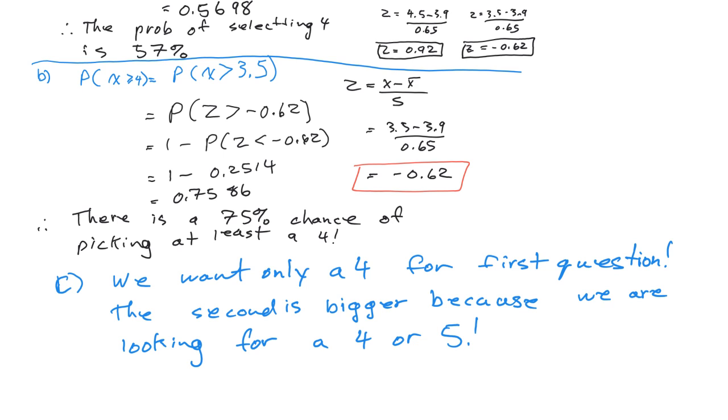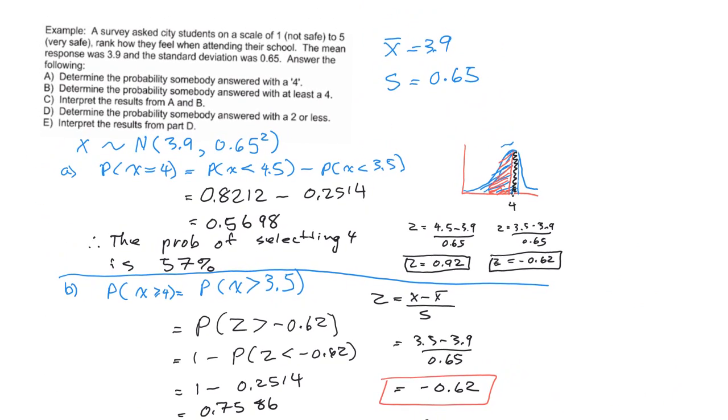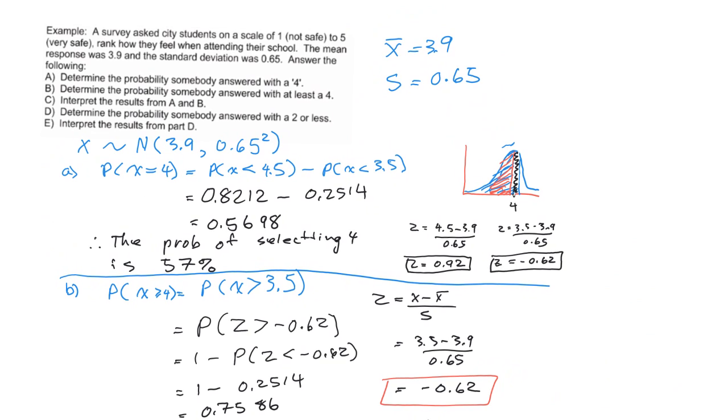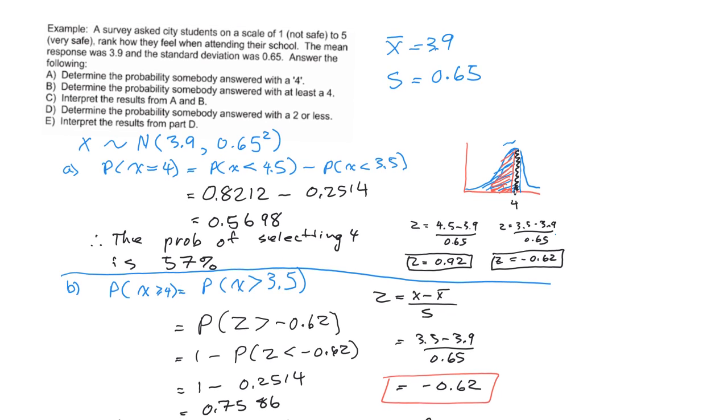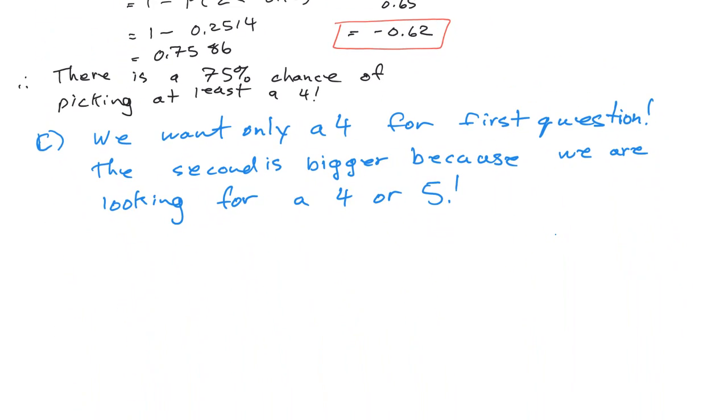All right, so now let's take a look at our question here. Determine the probability of somebody answered a 2 or less. To do this next one, D, we're looking for the probability of X being less than or equal to 2. Now, here's what I want you to recall.